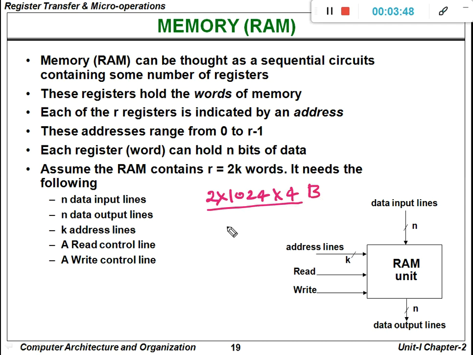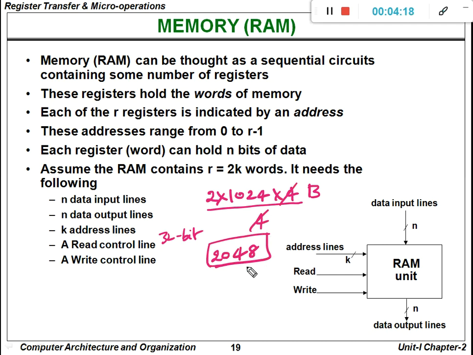Divided by 4 bytes, since a 32-bit word requires 4 bytes, this 4 cancels. 2 into 1024 means 2048. So totally 2048 words are there.